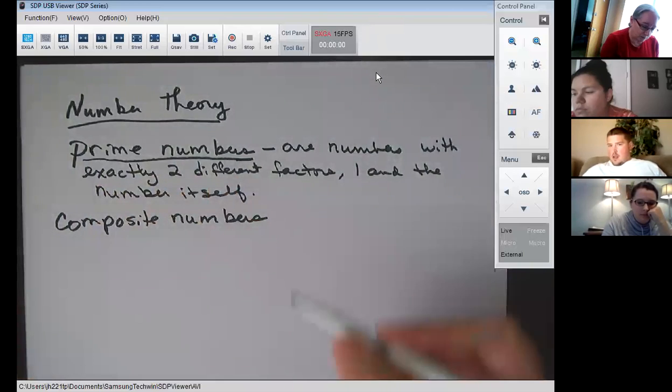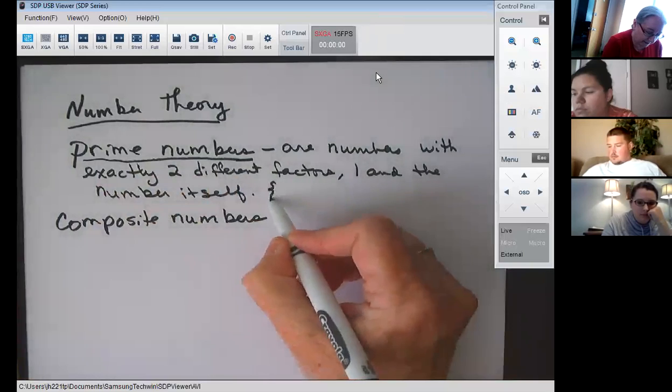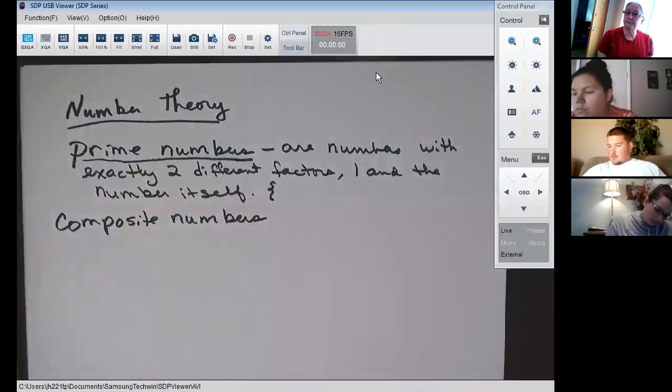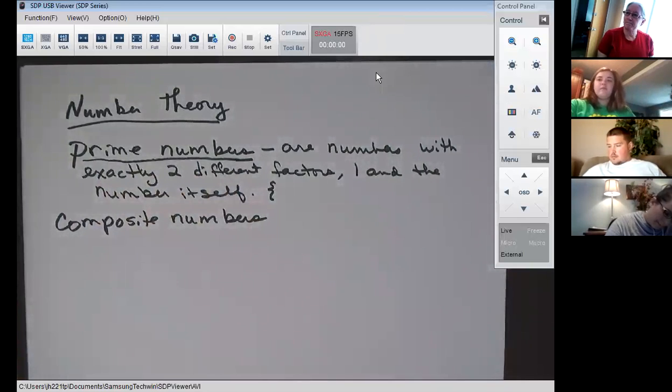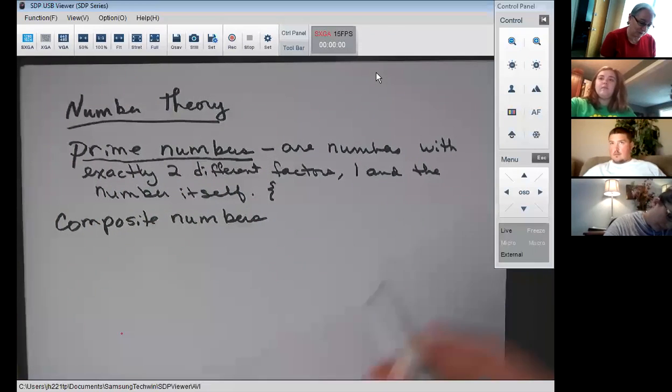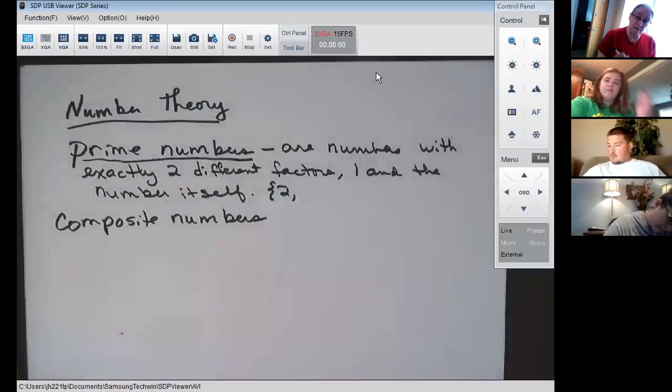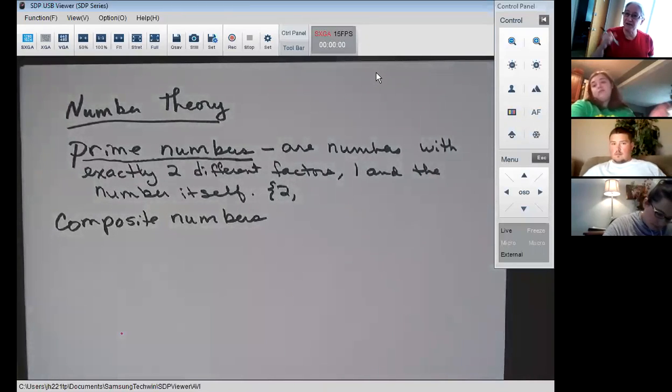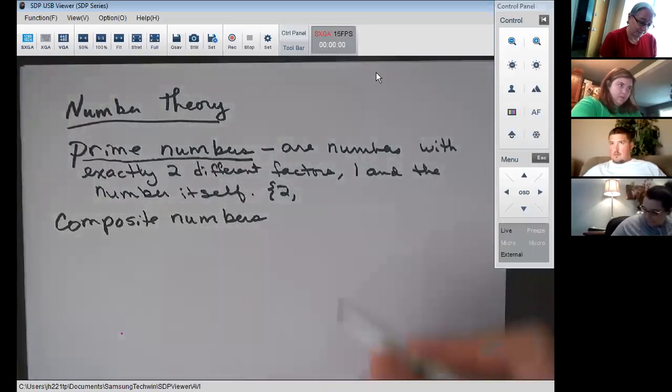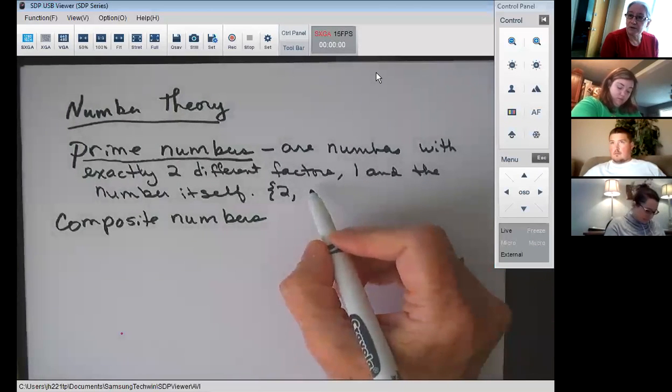So what is the first prime number? Or the smallest prime number, I guess I should say. 2. And that is the only even prime number, because every other even number after 2 is divisible by 2 as well as 1 and itself. So we know it has more than two different factors. All of the other prime numbers are odd.